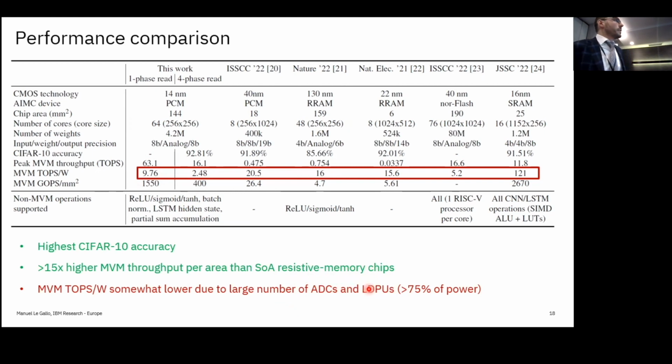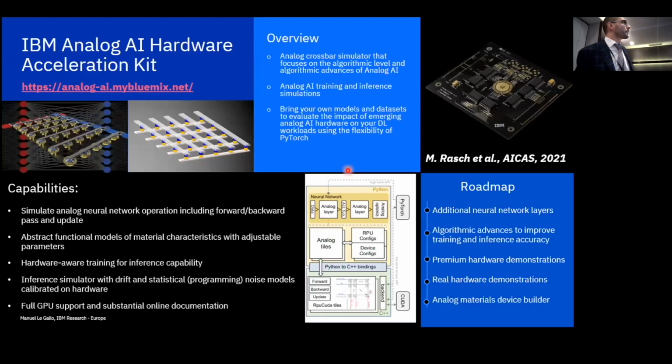So that's definitely something that we have to improve in the future, especially the ADCs, which account for 50% of it, to make them more energy efficient and improve these numbers a little bit. Although I have to say that the improvement in throughput is outweighing the loss in TOPS per watt that we have compared with the other chips. So I would say the trade-off is still acceptable in this case.